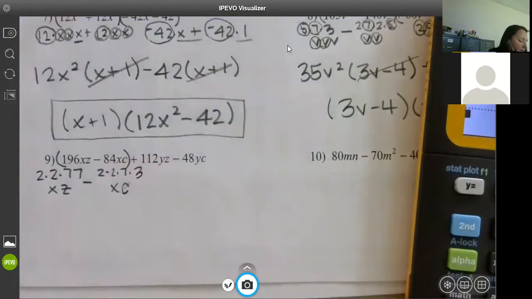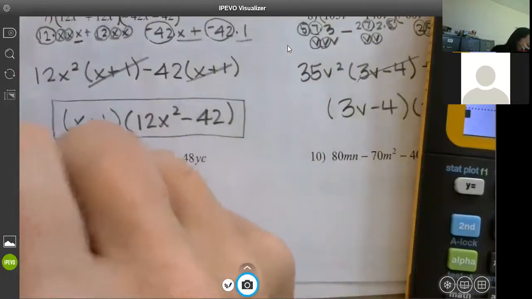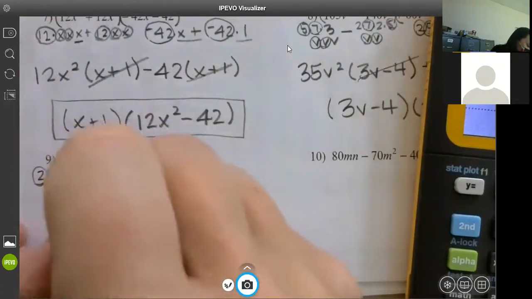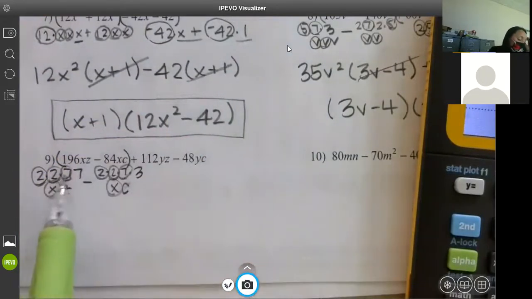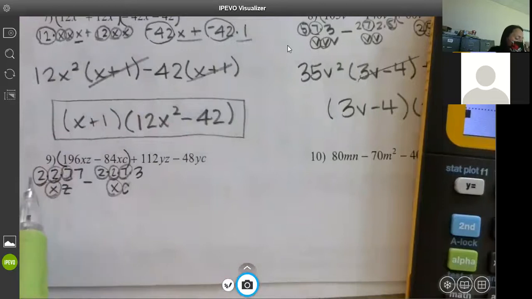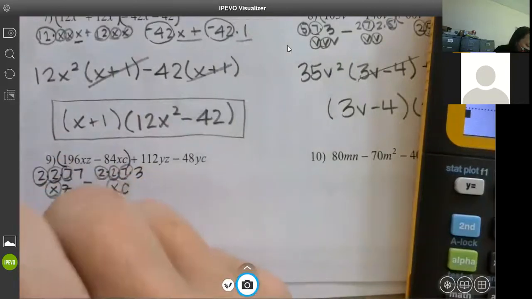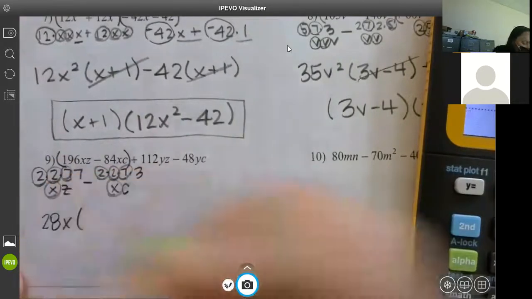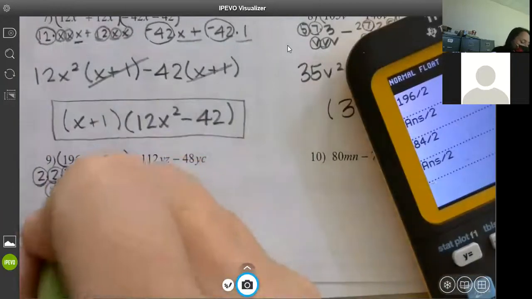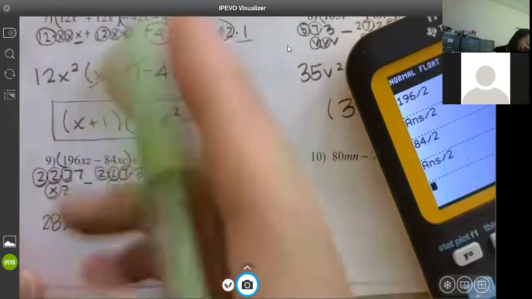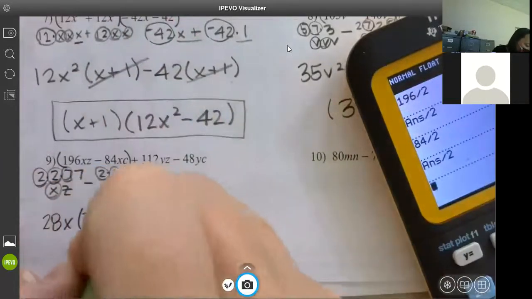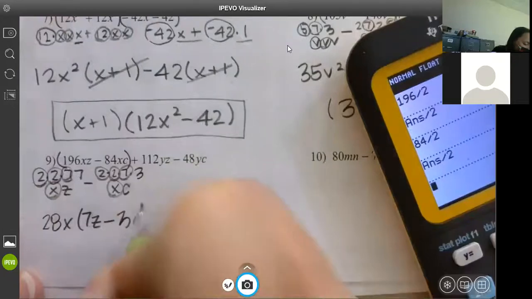What do they have in common? 2 2s and a 7. What else? And 1x. 7 times 2 is 14, times 2 is 28x. I left 7z, sorry, minus 3c.